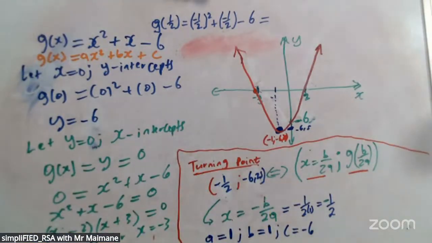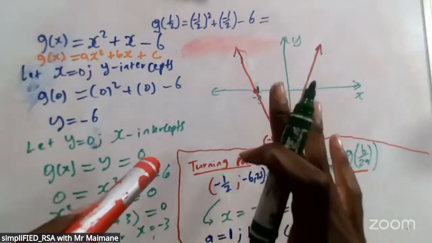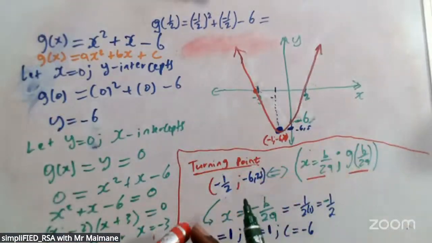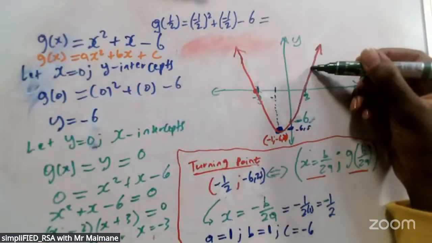So that graph that we have on the other graph, for them to end up having this curve, is because they had to go through this process. Now we have to reverse the process, from a turning point and intercepts to how they end up coming here.